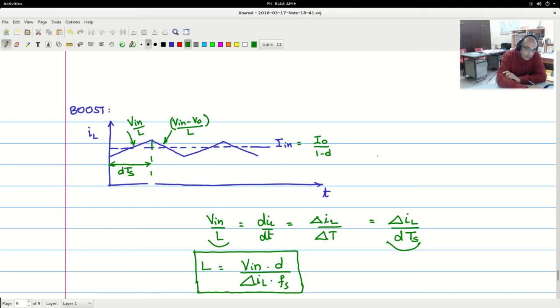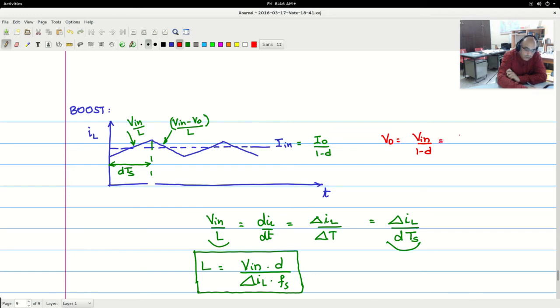Use the relationship. You see, V naught is supposed to be kept constant. V naught is equal to Vn by 1 minus D. V naught is supposed to be regulated.